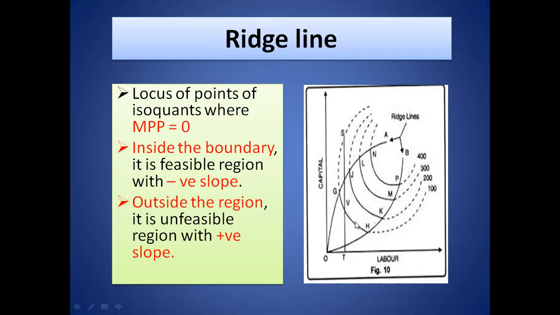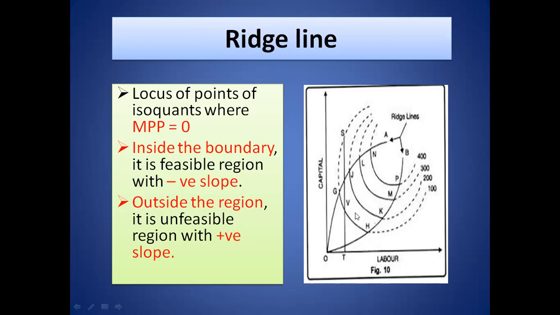Basically, if you draw the total curve, the isoquant is oval. But the area where the producer is actually performing the production, if we take that area only, is convex to the origin by nature.